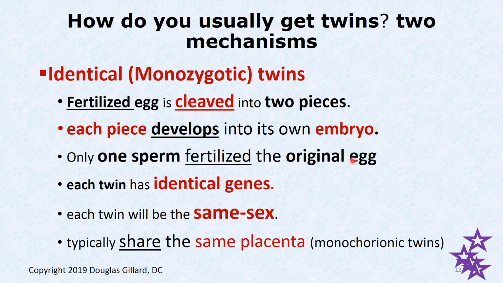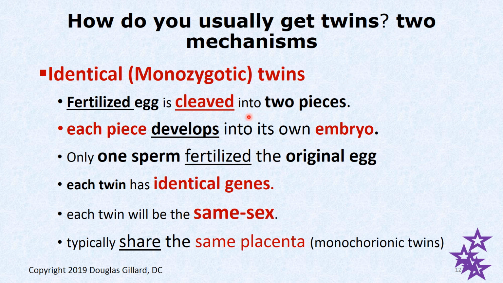So one sperm fertilizes the original egg, and then the fertilized egg is cleaved into 2 pieces, and each of those undergoes cleavage. We'll see when we get there, but each of those pieces divides and divides and divides.